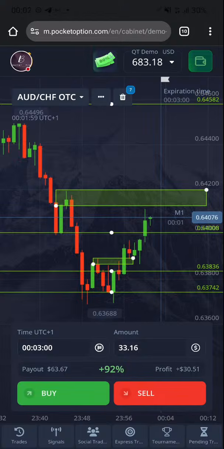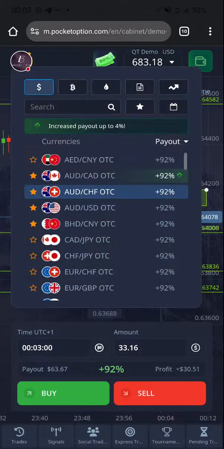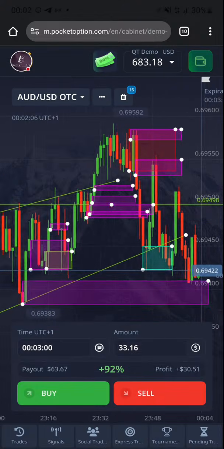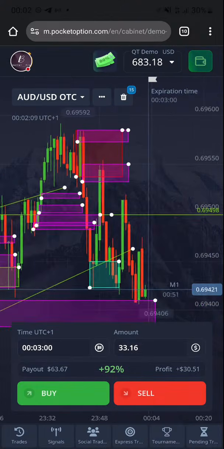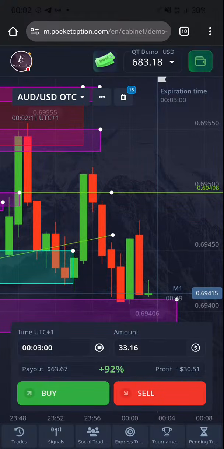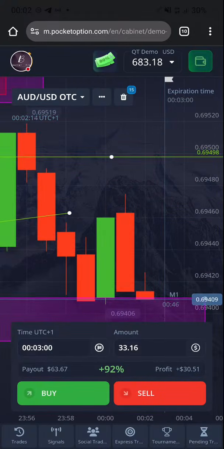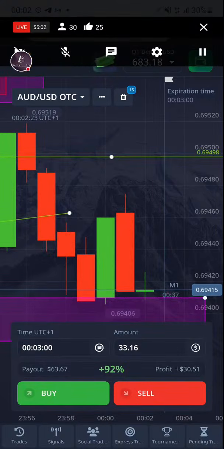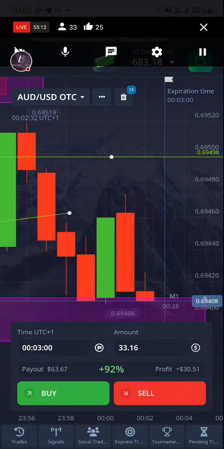So guys, don't take this opportunity for granted. This is the time for you to do it. Look at that trade I told you. Price came into that demand area, the buyers came in, and you can see the buyers are going to come in again. Let's take this trade. If price comes under this round number, I'm going with the buyers, but it needs to come under this round number.